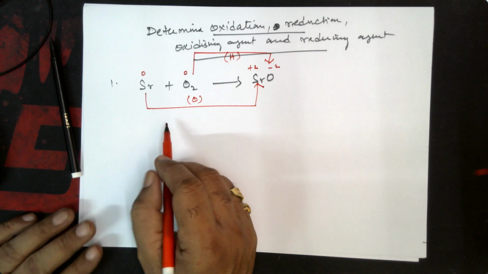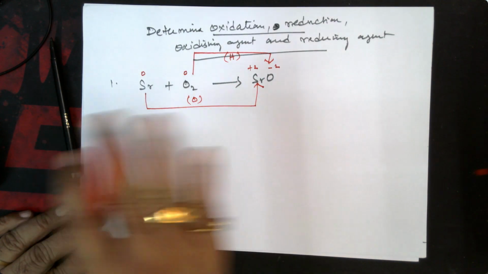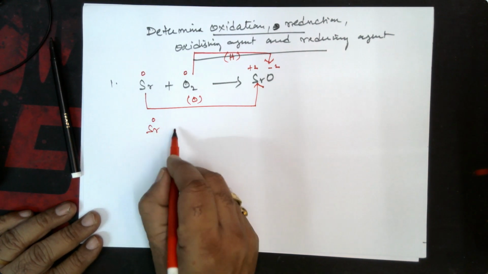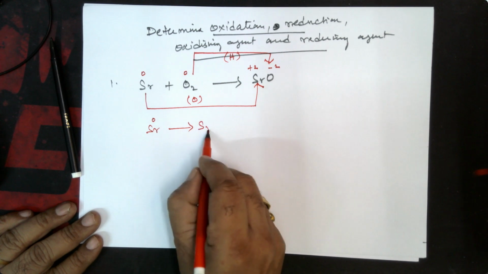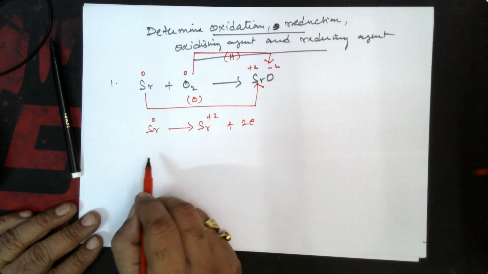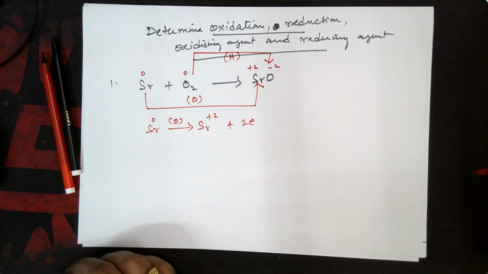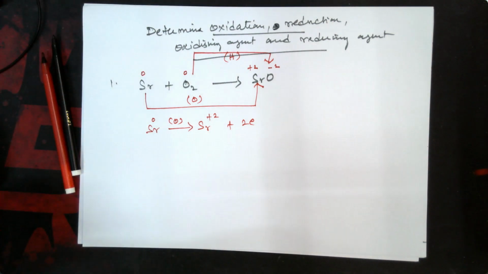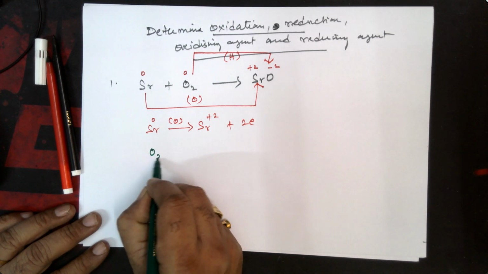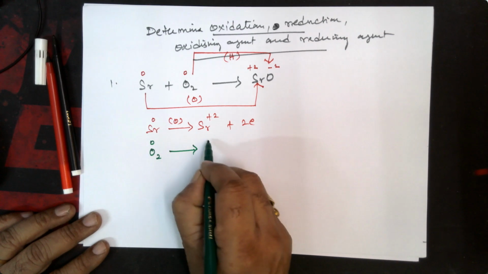Now you can work out based on the number of electrons. So 0 becomes a +2 by losing the electron. How has it lost? Sr0 becomes Sr +2 by removing 2 electrons, and that is why it is oxidation. Clear? Let us talk about reduction. In the case of reduction, that is O2, that is 0 becomes O -2.